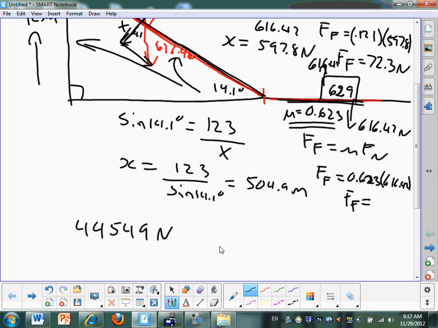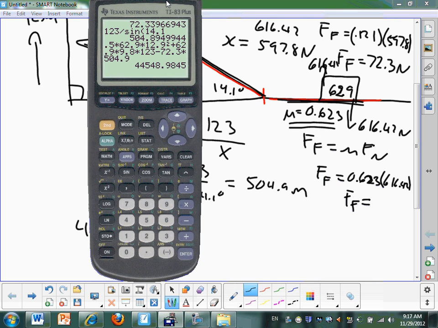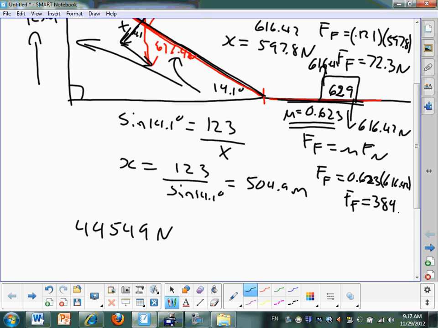My force friction on the flat surface is 616.42 times 0.623, 384 newtons, which is much, much higher.